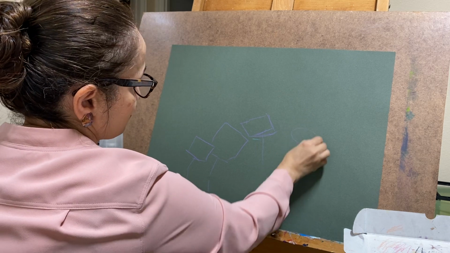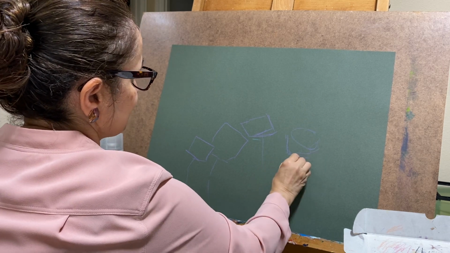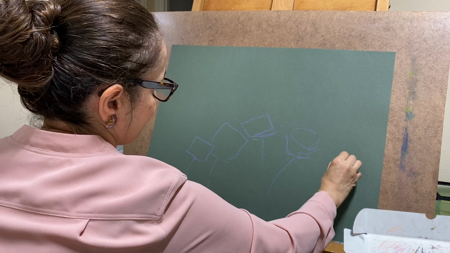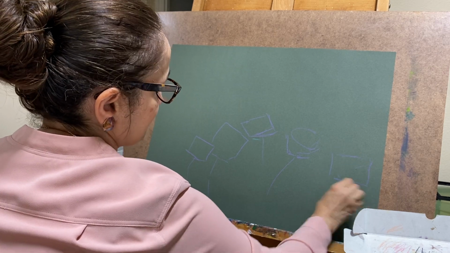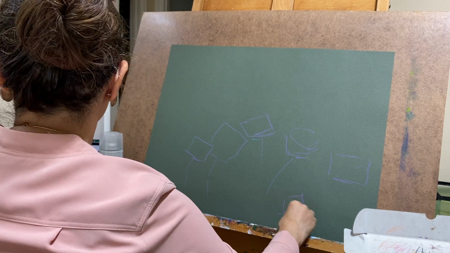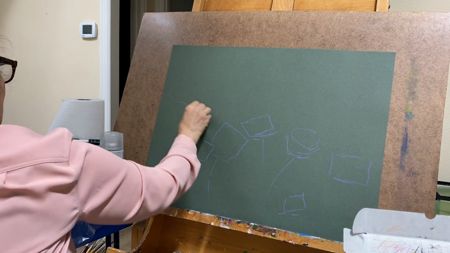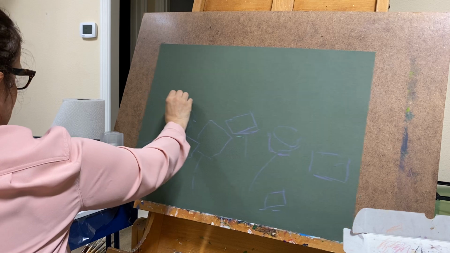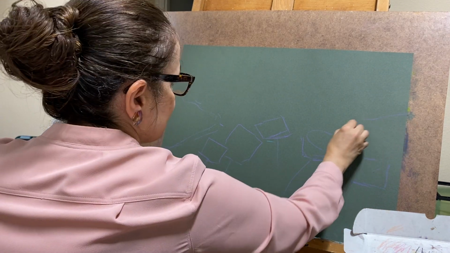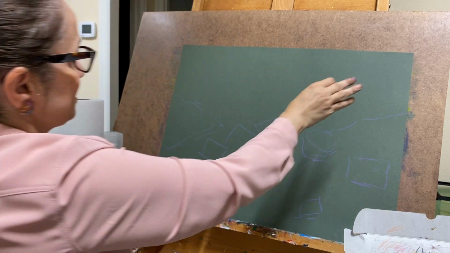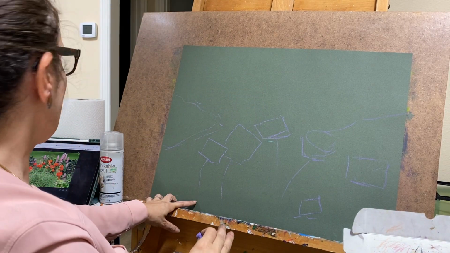I don't want to draw everything that I see here, only some that I like more. I think I need one here. We have some bushes here, and some here too, and this part is longer.